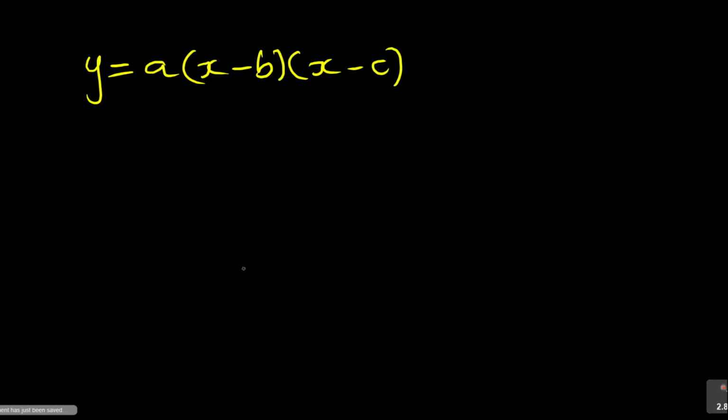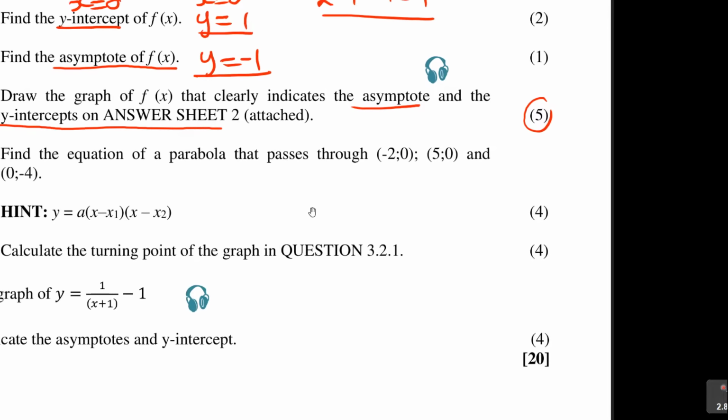The general equation of a parabola: y is equal to a, x minus a, x minus b, x minus c. All right, so now they gave us some points there on a parabola.